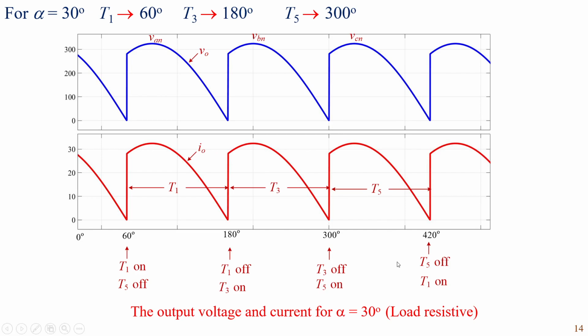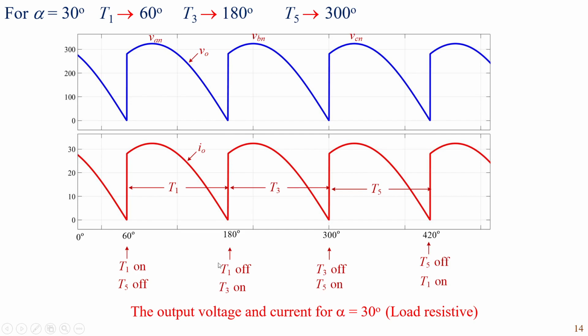Here, initially the load is taken as resistive. As the load is resistive, the load current is in phase with the load voltage. At omega t equals to 180, the load voltage becomes 0 and the load current becomes 0. T1 is turned off.